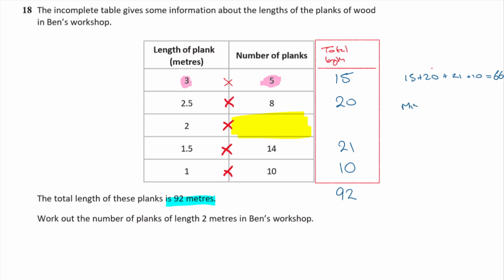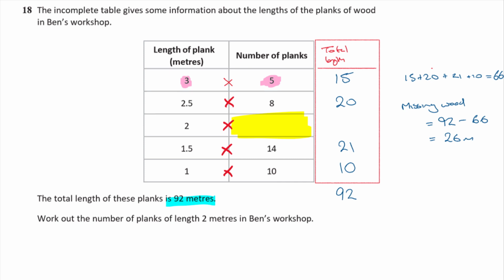So missing wood is going to be the 92 meters we're expecting minus the 66 meters we've accounted for. So what's the difference there? 92 minus 66. That means I've got 26 meters missing.